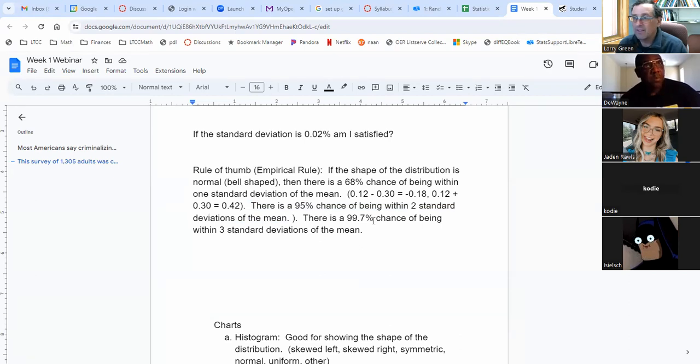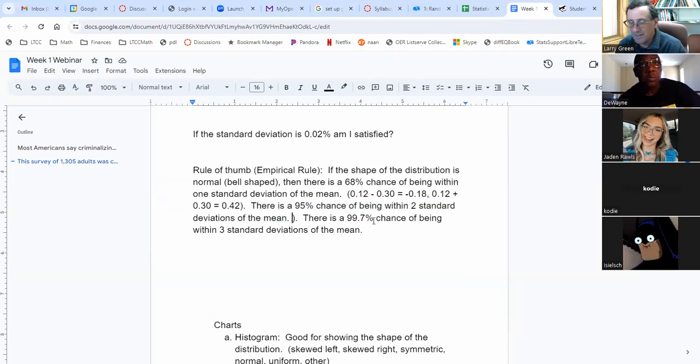Okay, this only works if the distribution is approximately normal. Are all distributions approximately normal? Any guesses? Any thoughts?